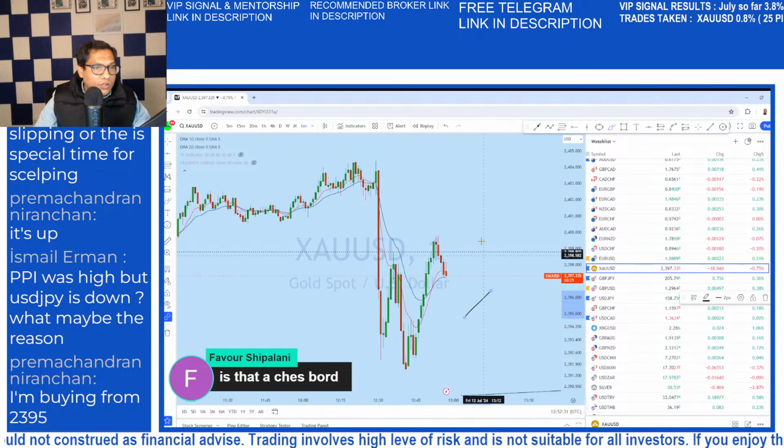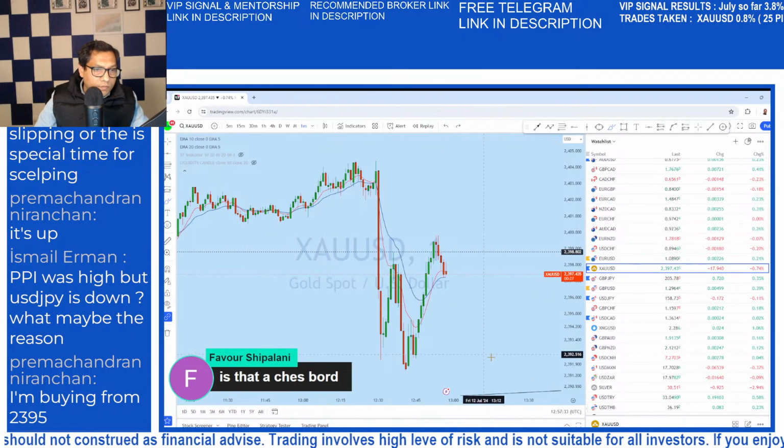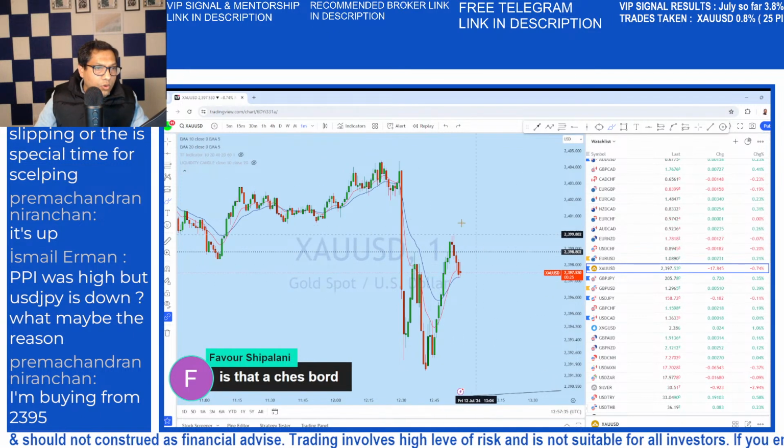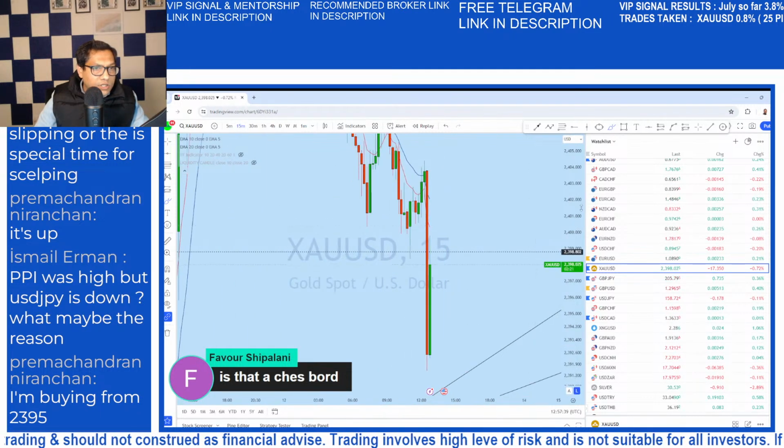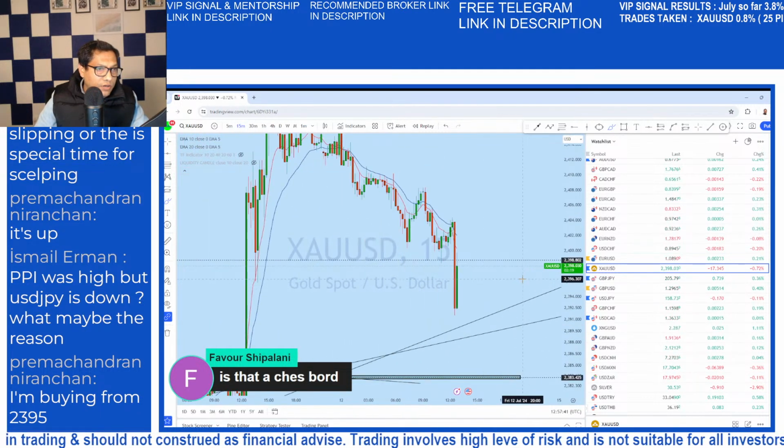Okay, here is what it is doing on gold. We might see rejection, potential rejection from the top.